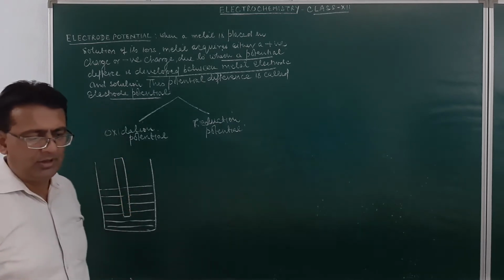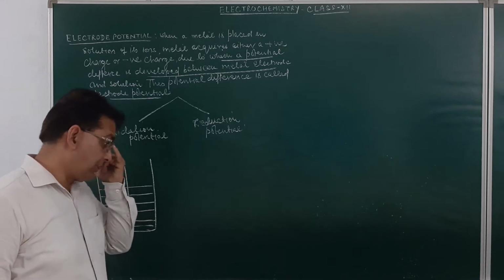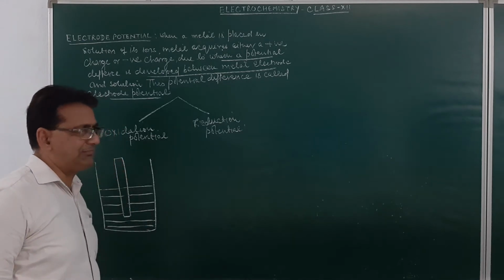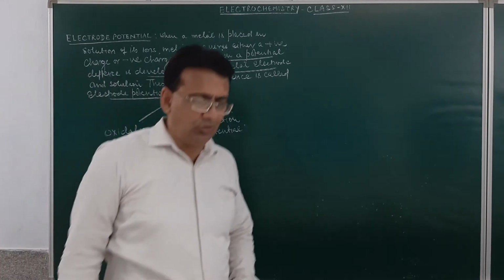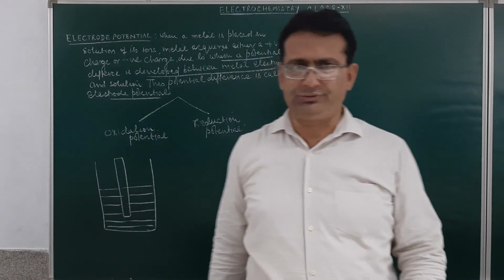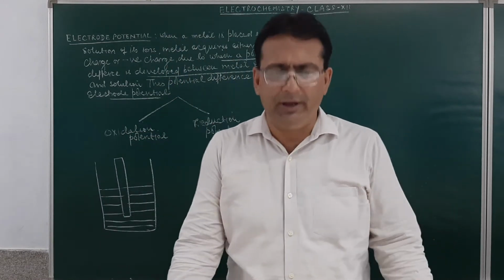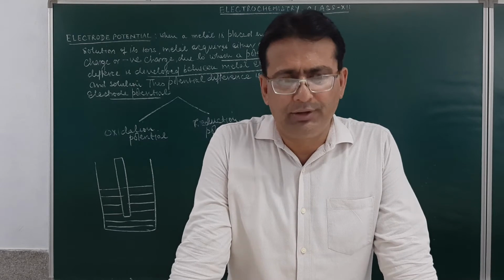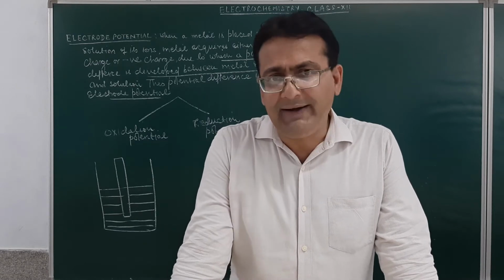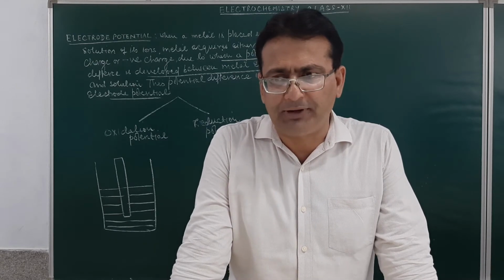Am I clear? Now what happens? When the process of oxidation takes place, the electrons are lost. I mean to say, the anode will be there when the process of oxidation takes place.